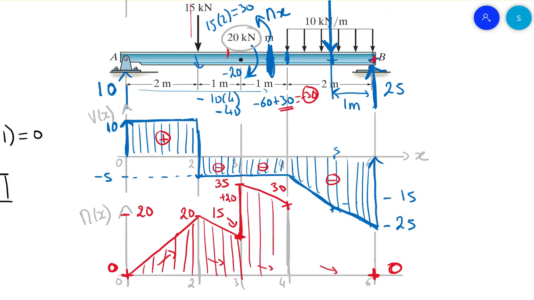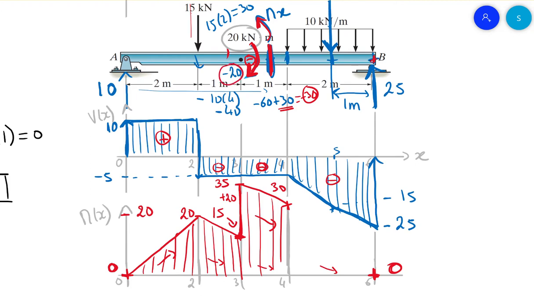So it's still decreasing. It has to decrease because this one is negative. But this couple there is negative, so we need to increase the moment x to balance. So the internal moment x increases by 20 there, like a step.